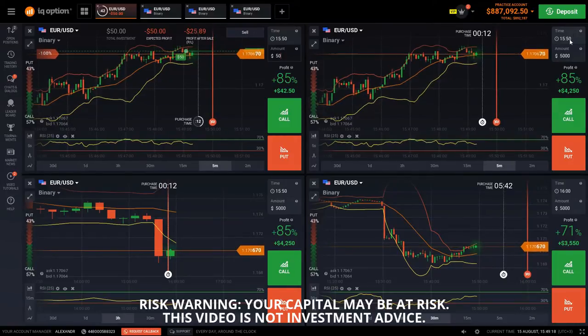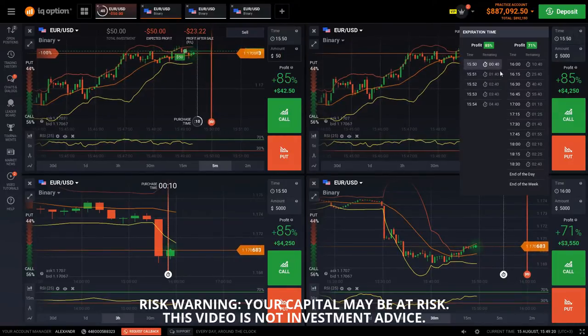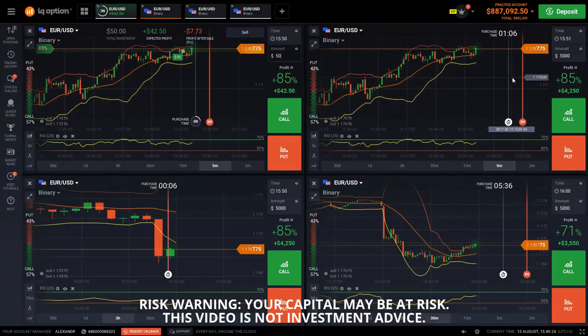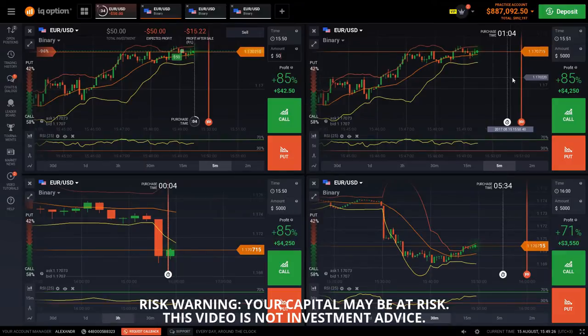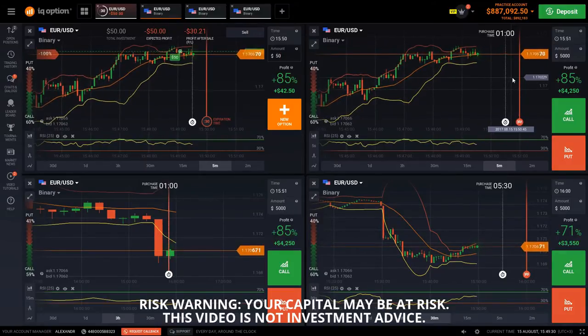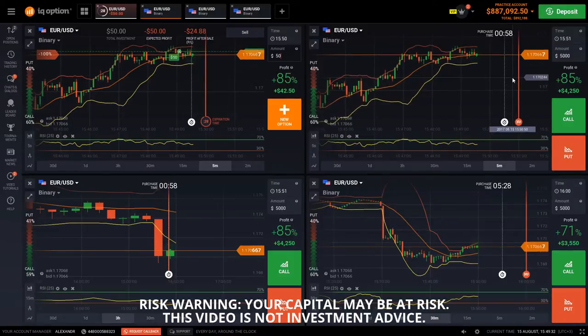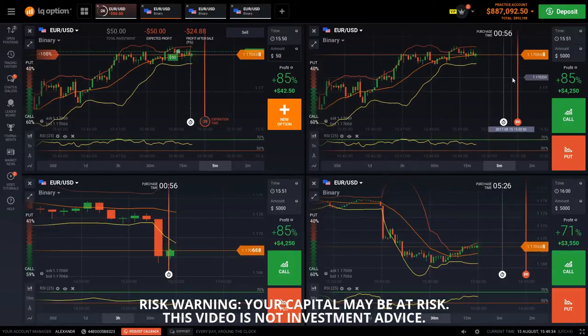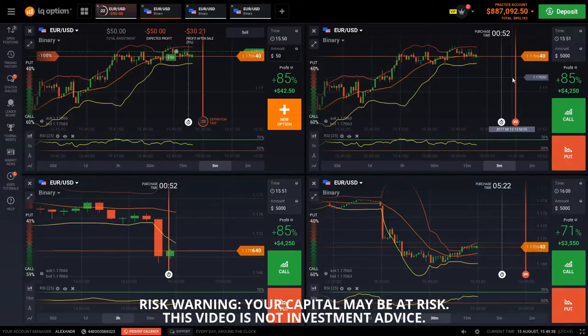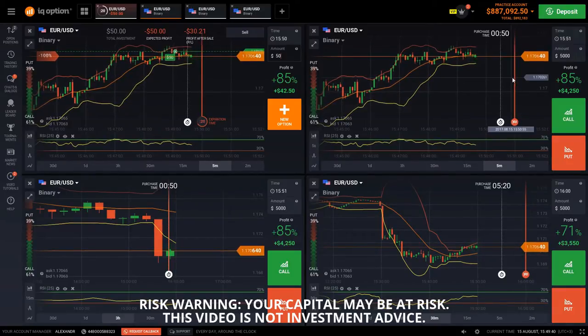Now the candle is coming down, which is a good signal. It may reverse back upwards. So I'm waiting for the candle to come down a little bit more, then it's a signal for 5,000.